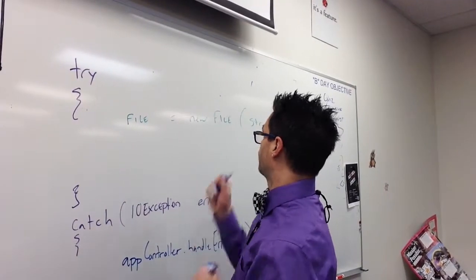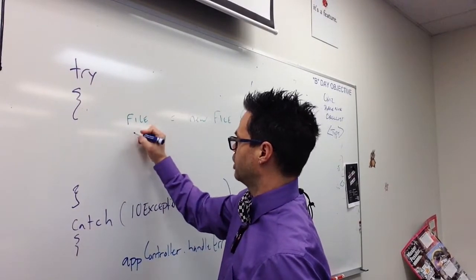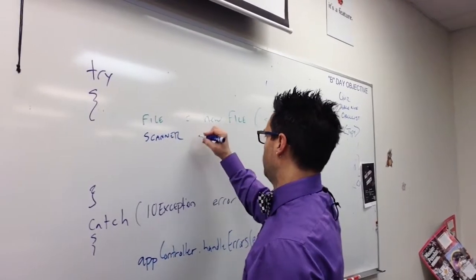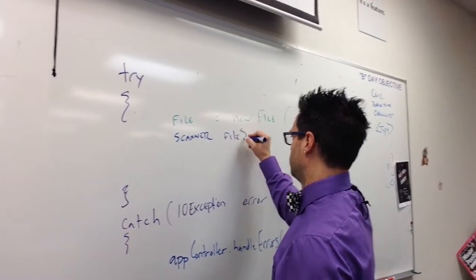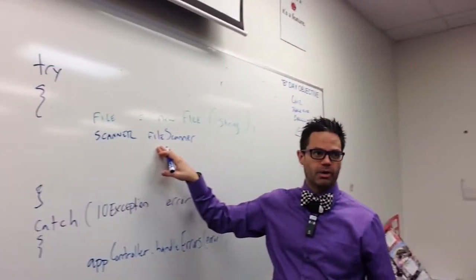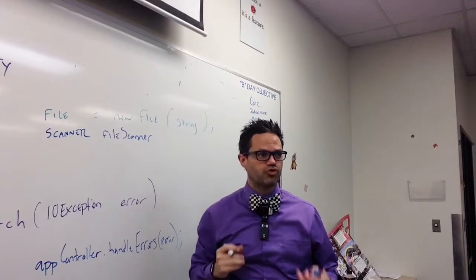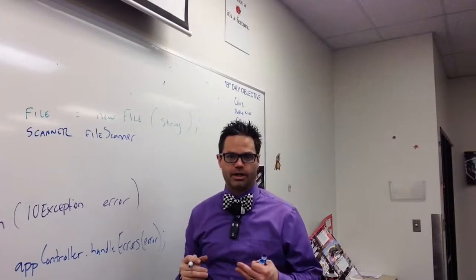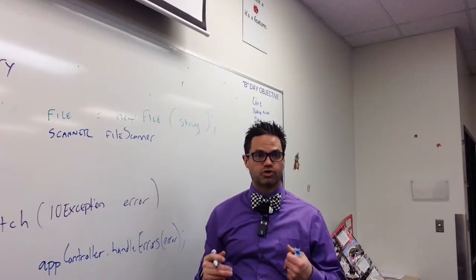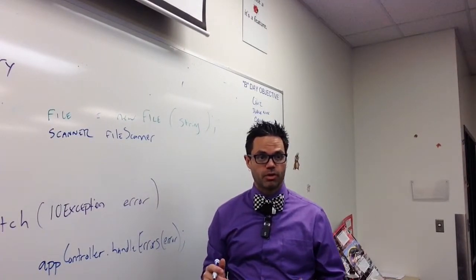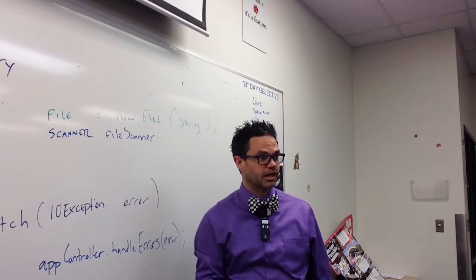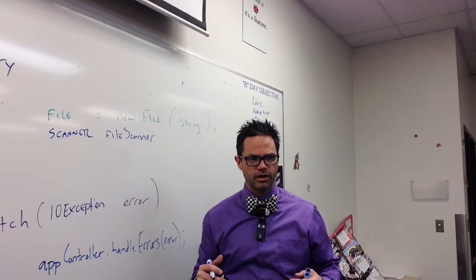The next step, after we create that file, is we make a scanner object. And so Scanner, fileScanner. Again, we use really boring variable names because that way anyone who's reading our code can get an idea of what's actually happening. We're not trying to obfuscate our code. We want our code to be understandable to ourselves later on, but also understandable when someone else who's not a programmer looks at it and says, oh, that's what you're working on?